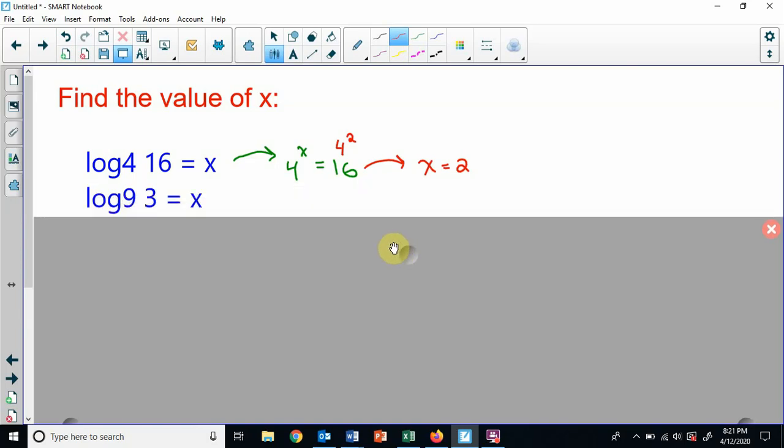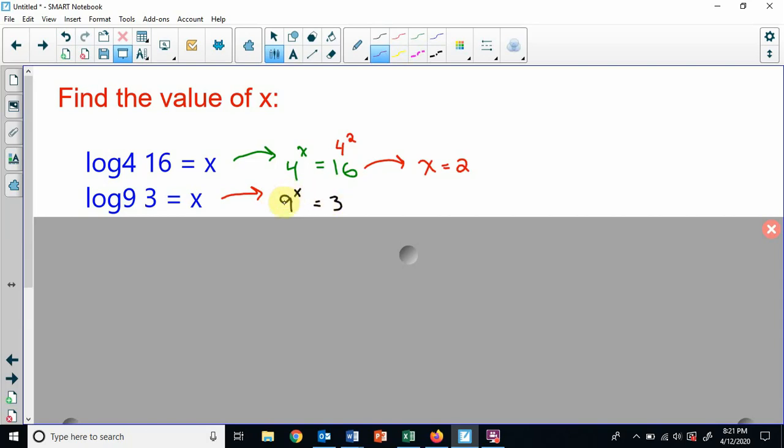Look at this one. Let's rewrite it so that we get the base is 9. Like I said, sorry for the formatting messing up here. Input's 3, output's x. Let's switch them. Input's x, output's 3. What would I need to do here? This one's a little bit trickier if you don't remember this. But I could square root 9 and it would give me 3, right?